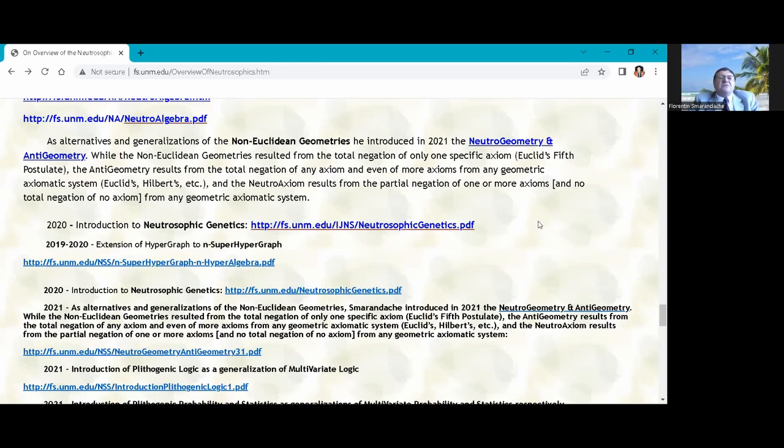This is a particular case of non-Euclidean geometry, because non-Euclidean geometry refers only to the fifth postulate of Euclid, which is the following: through a point exterior to a line, only one parallel can be drawn to that line.